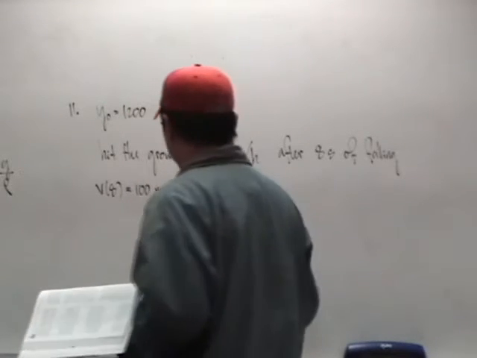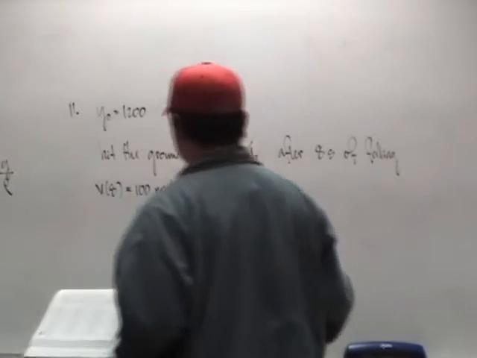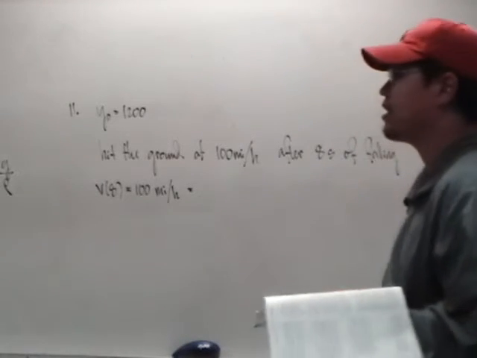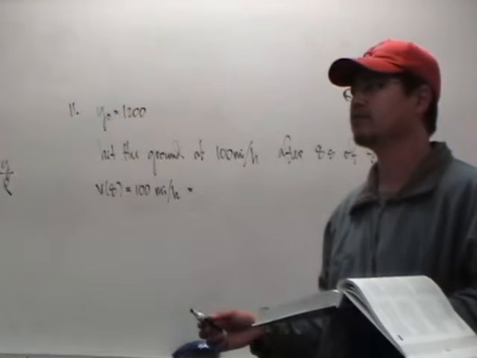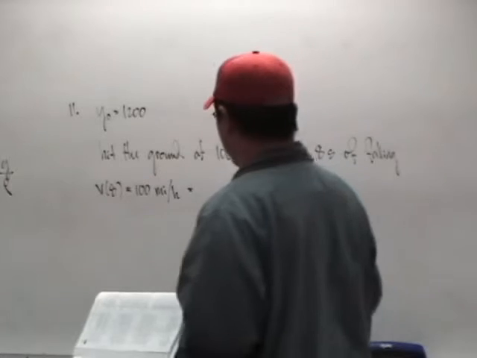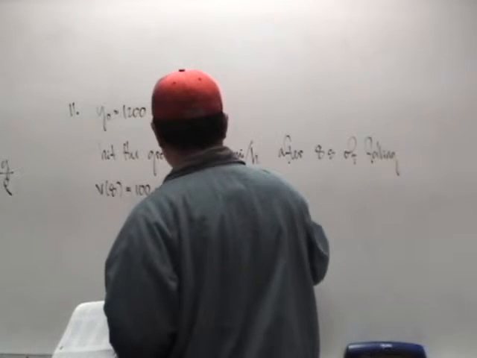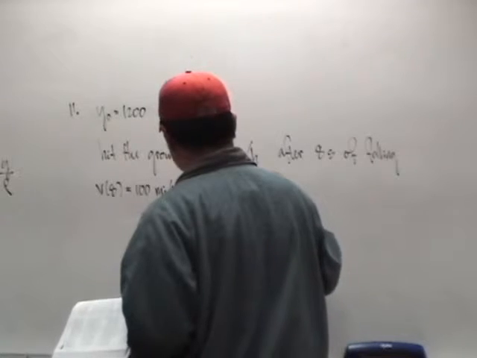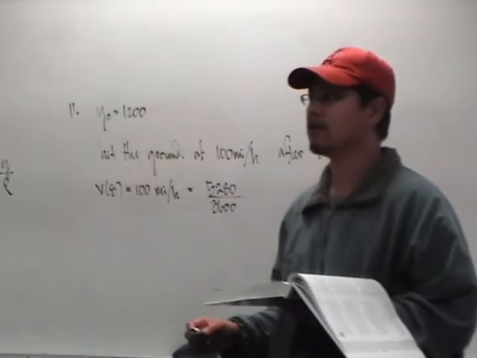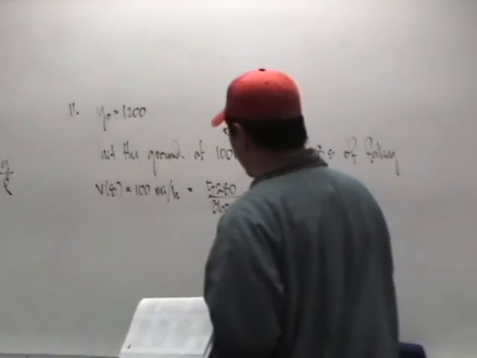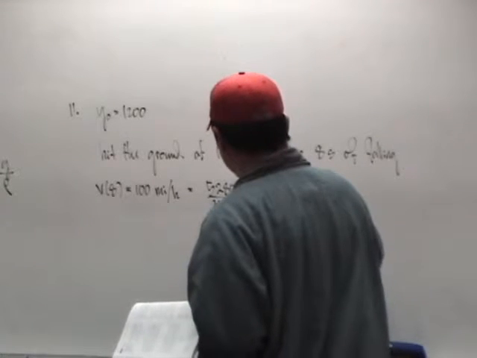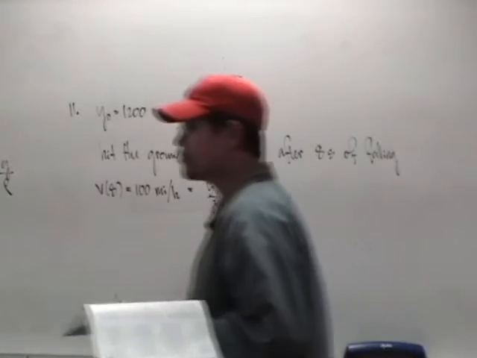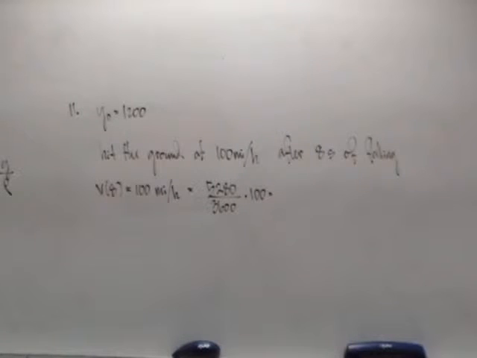So what is miles per hour in feet per second? How many feet are in a mile? 5,280. So I have to multiply by 5,280, divide by 3,600 seconds in an hour, times 100.